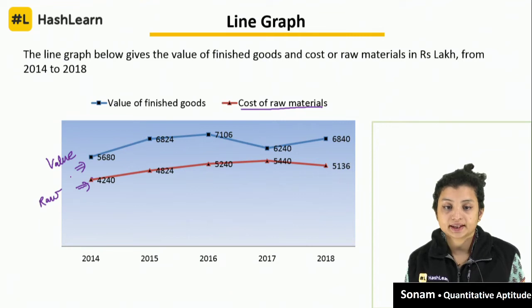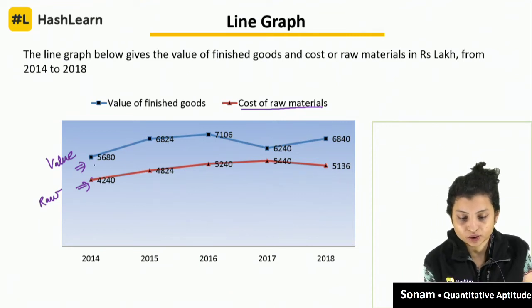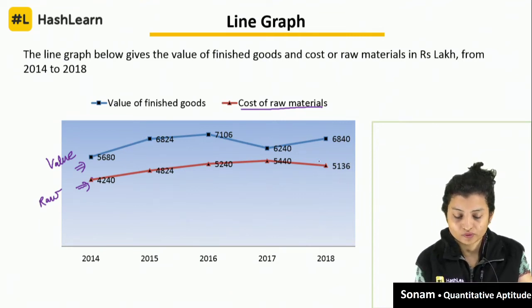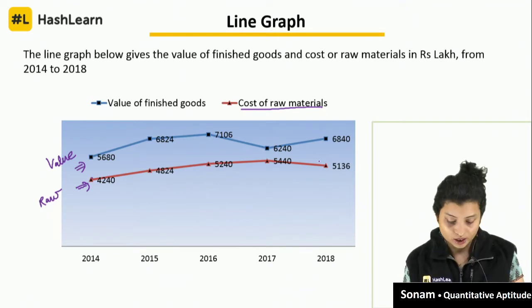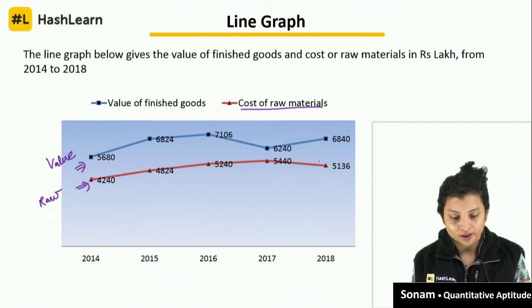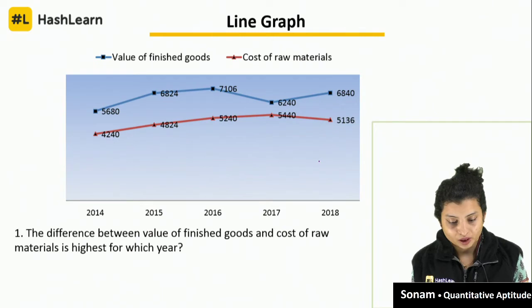Okay, so the digits are 4-digit numbers, correct? You can see everywhere the digits are 4-digit numbers. Okay, let's quickly have a look at what type of questions are there. What is the difference between the value of the goods and cost of the raw material? The difference between the value of the finished goods and cost of the raw material is highest for which year?